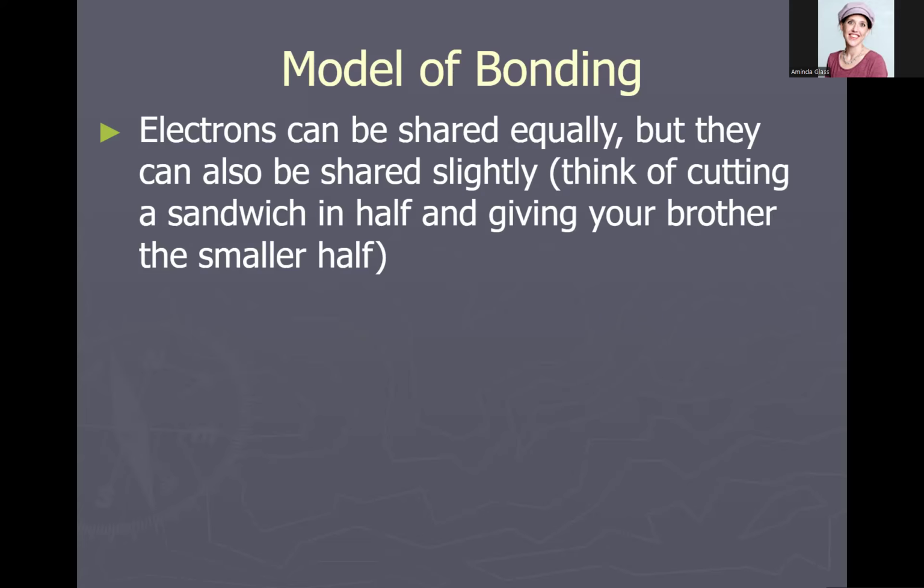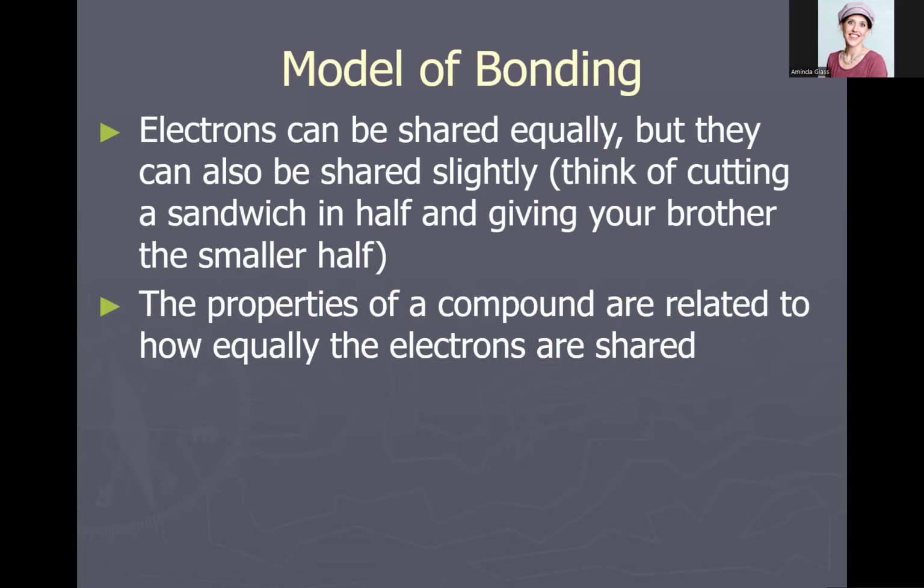We talked about electronegativity before and the trends in the periodic table with electronegativity. So if an atom with a high electronegativity is sharing with an atom that doesn't have as great electronegativity, you're going to have an unequal sharing of electrons.